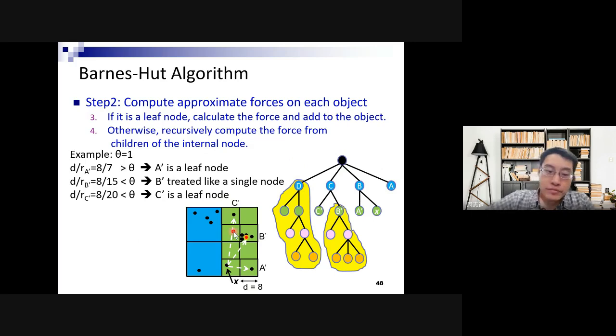And as you can see, this tree structure, we only build it once for all the objects. But for each object, you have to traverse the tree itself in order to determine the correct approximated partitions with respect to that object. So every object needs to traverse the tree on its own.